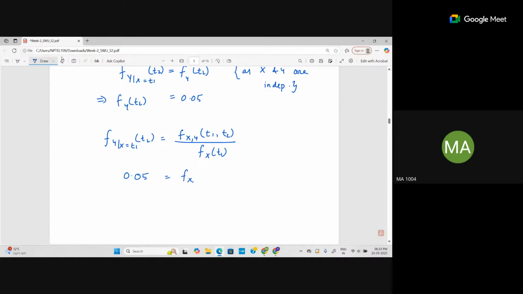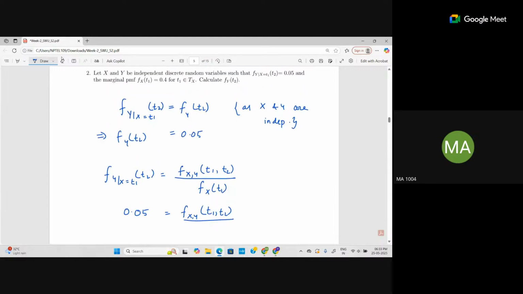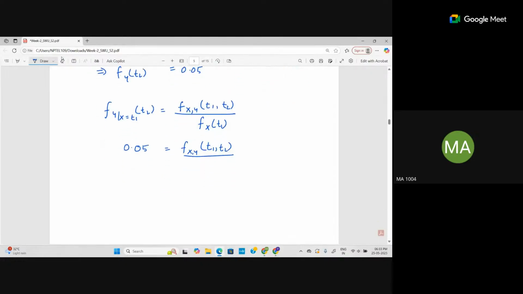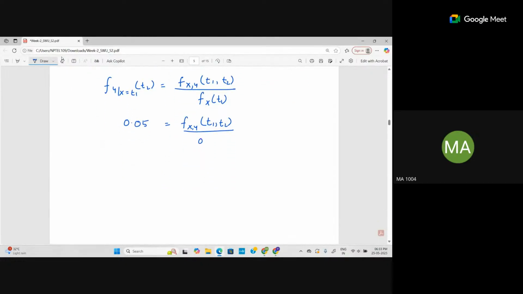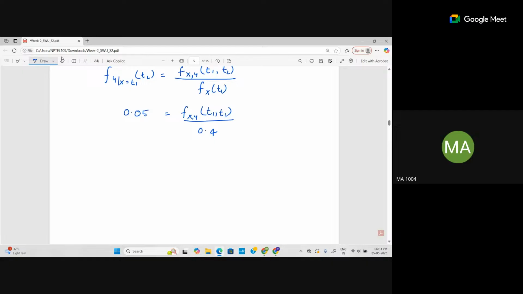Then joint divided by marginal of x, which is also given, 0.4. From here we can find the joint. So that will be equal to 0.05 into 0.4, which is 0.02.